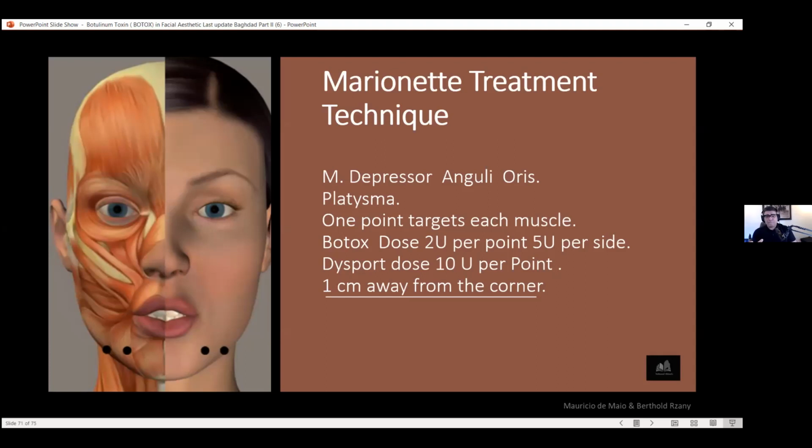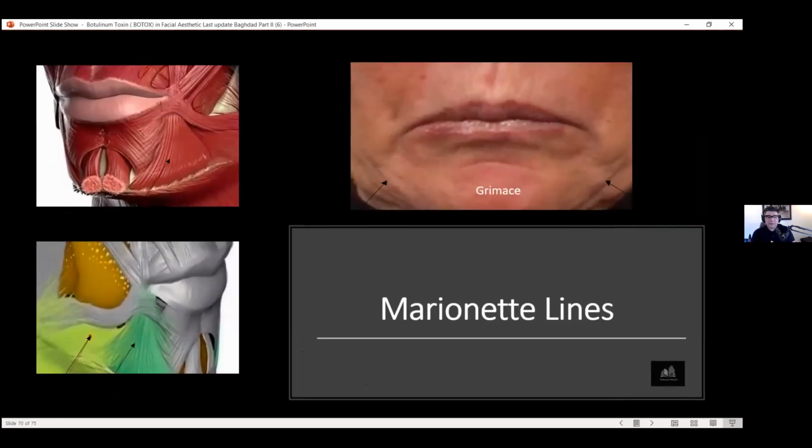Basically, we are targeting the depressor anguli oris and the platysma, a little bit of the platysma band at this area. And you have to be 1 cm far from the modiolus of the mouth. If you go back to the muscle action, look at the base of the muscle of the depressor anguli oris. It goes downward a little bit more than the apex of the mouth.